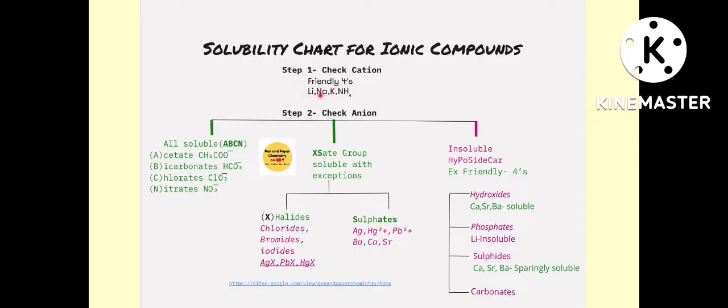I've called them the friendly fours: lithium, sodium, potassium and ammonium, because their salts are all soluble. So wherever you see sodium, potassium, ammonium and lithium salt, you know that it is completely soluble, except one case which I've listed over here, lithium phosphate, which is insoluble.